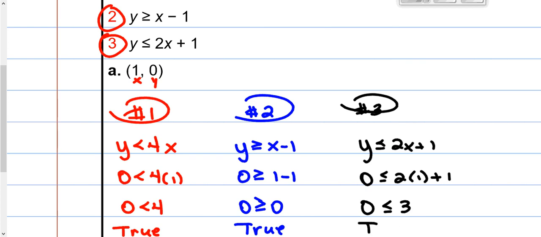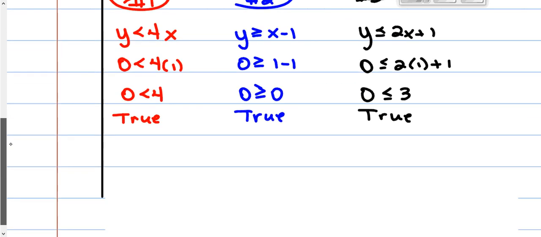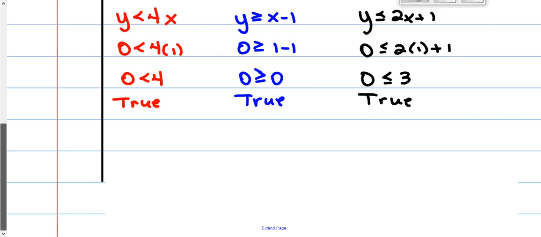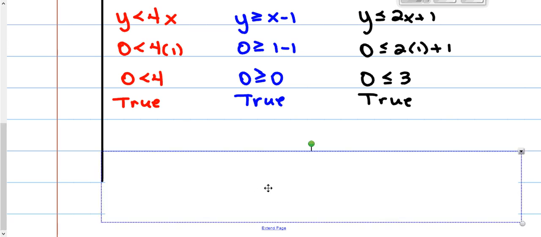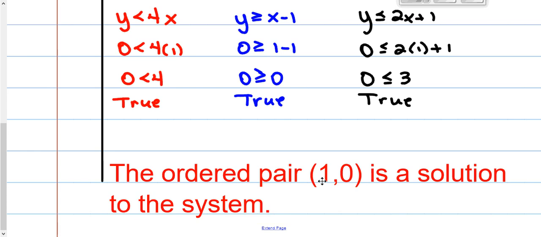That is also true. So since all 3 of these are true, our answer here is the ordered pair 1, 0 is a solution to the system.